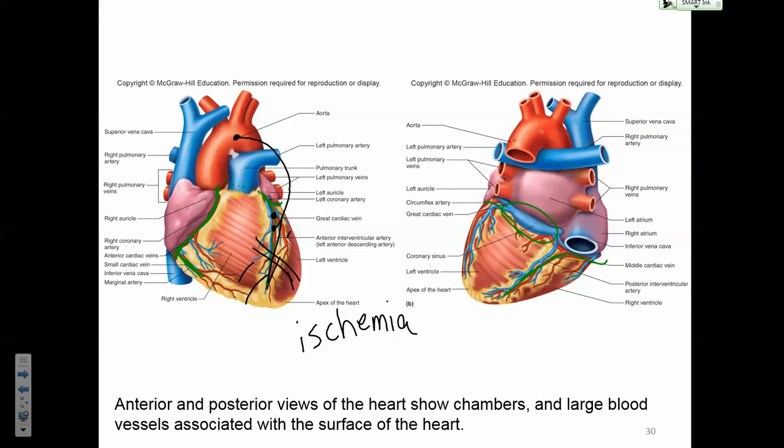No, a bypass is different from a stent. What they do in a stent is thread a little catheter into one of the coronary arteries where there's a blockage. Usually that's just when it closes up and not a clot. When they do that, it's called a heart cath. They'll put in this little, I think it's plastic, I'm not sure what the material is, probably some kind of plastic or polymer.